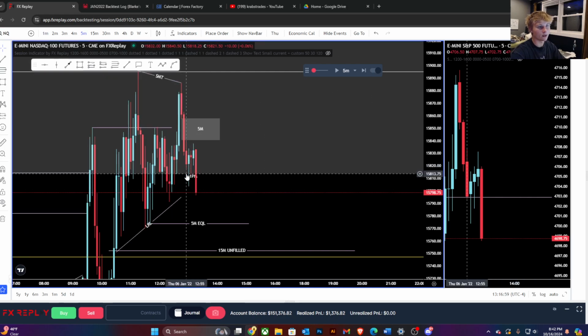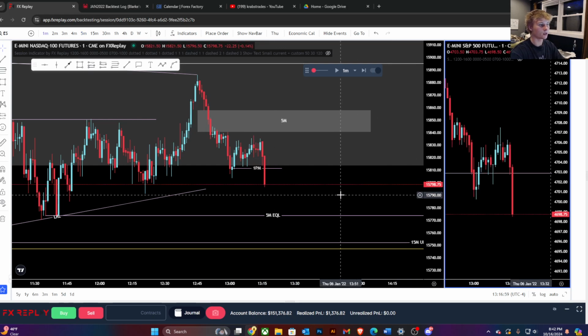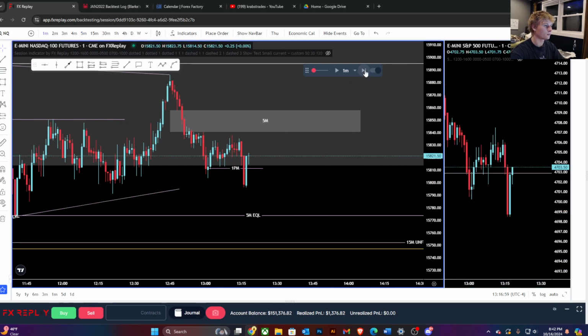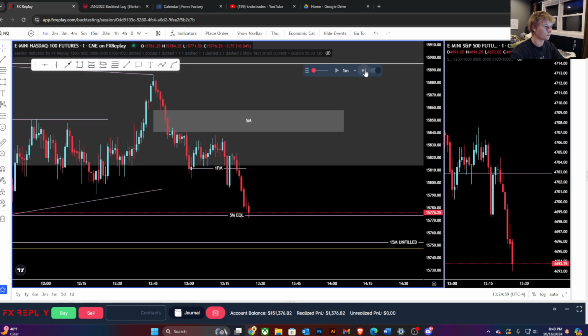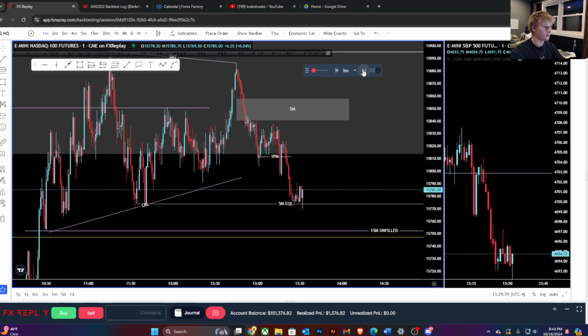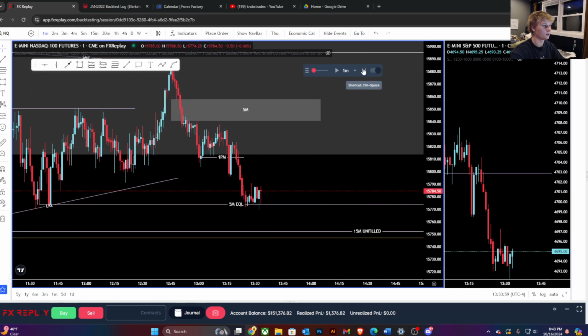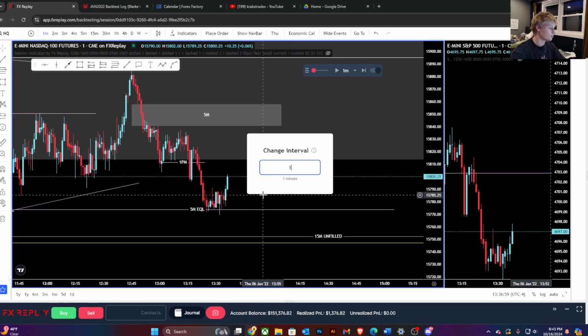It's 5 minute right here. ES failed to tap it, so there's no fair value gap, SMT or anything there. Yeah, there's my first target. Pretty unfortunate that there was no entry, but I do still like shorts.